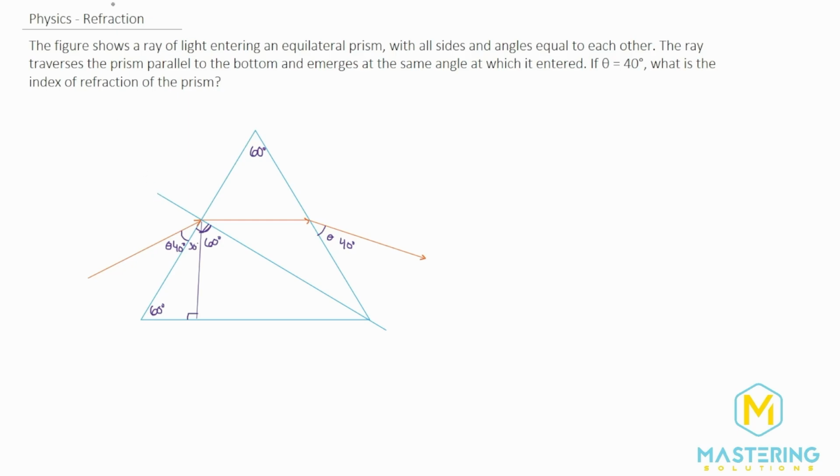Now, if we take a step back, remember from Snell's law that the angle is always from the normal out to the ray. So this is also another 90-degree angle. And so if this is 40, then that means that this angle has to be 50 degrees.